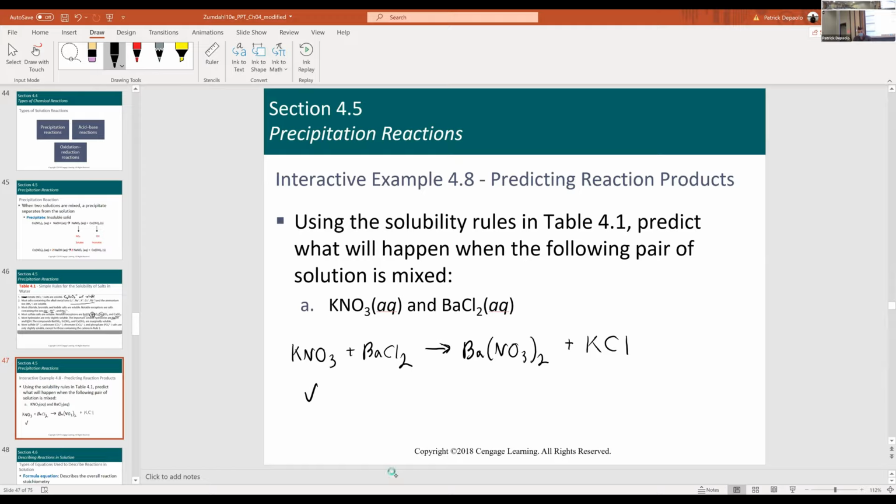It's something you mix together, and it's aqueous, so it's soluble. Also, it's a group 2A metal, so they tend to be soluble. Barium nitrate, it's a nitrate, always soluble. KCl, it's road salt, very soluble. It's potassium. Boom.